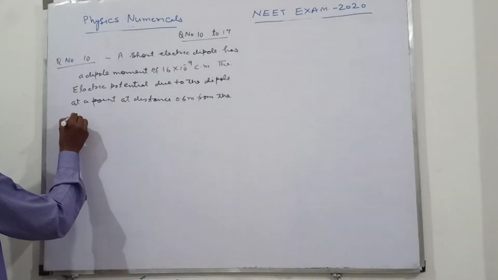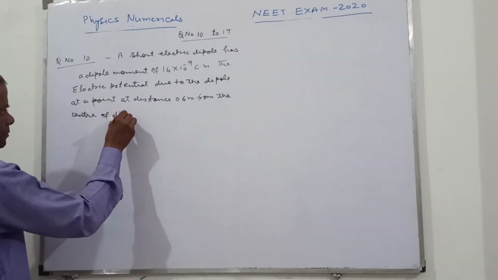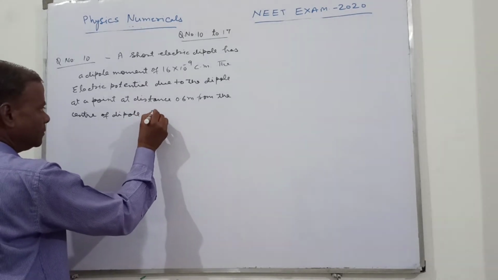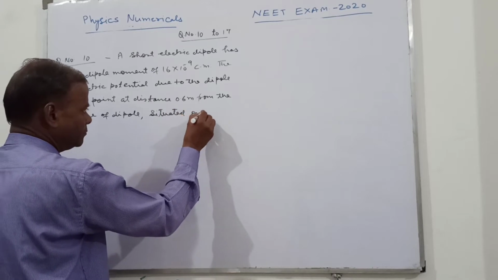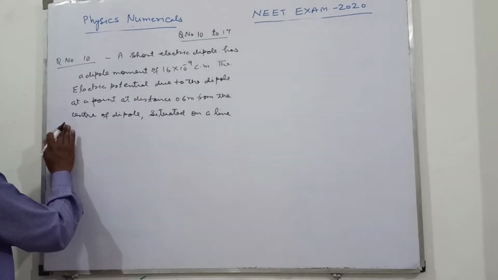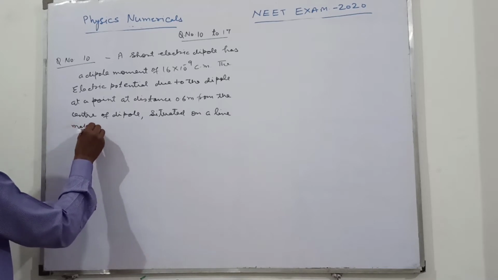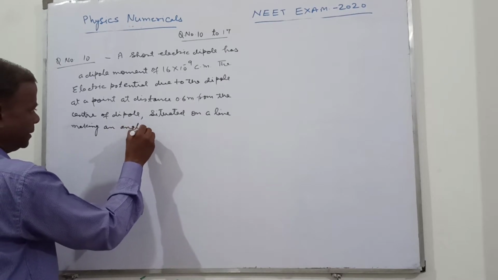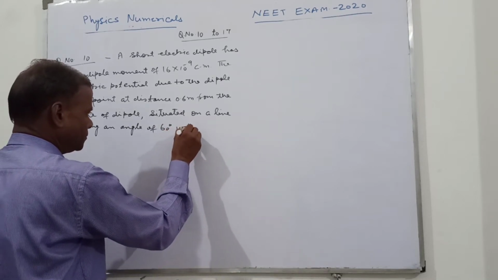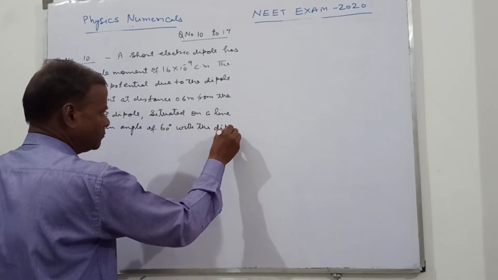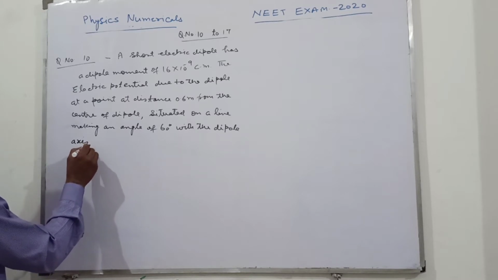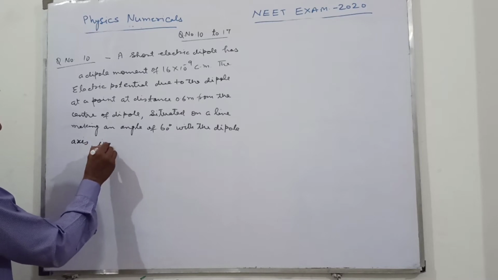situated on a line making an angle of 60 degrees with the dipole axis, is?